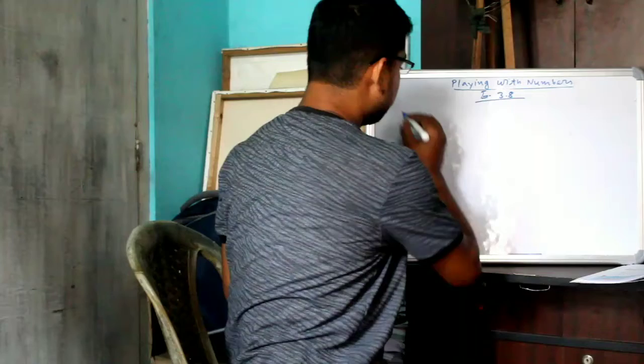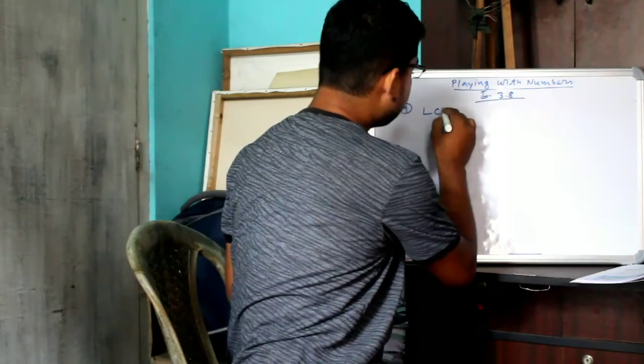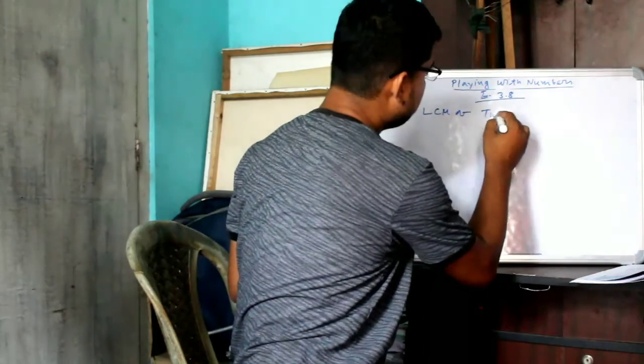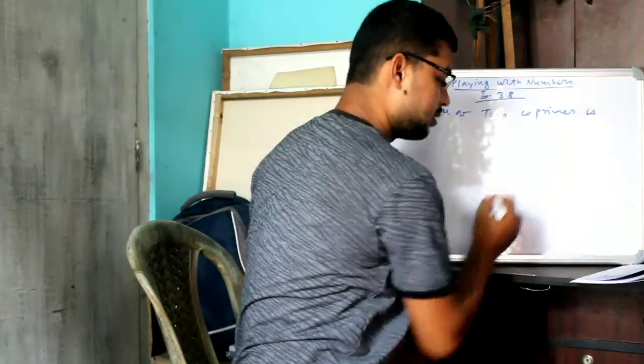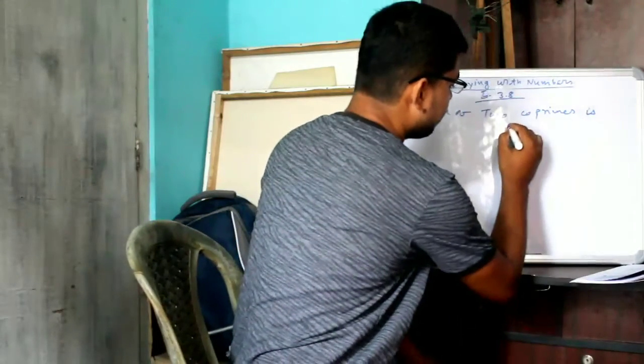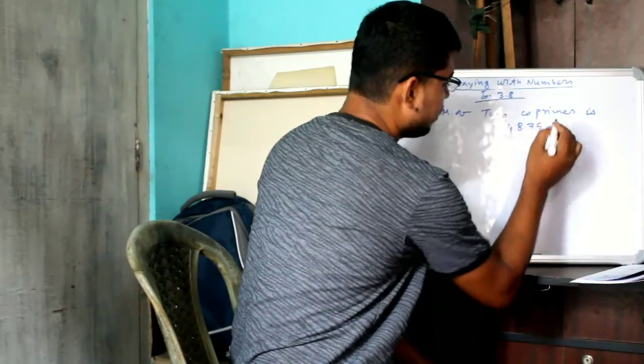Number 9. The LCM of two co-primes is 4875. If one of the numbers is 75, then find the other.